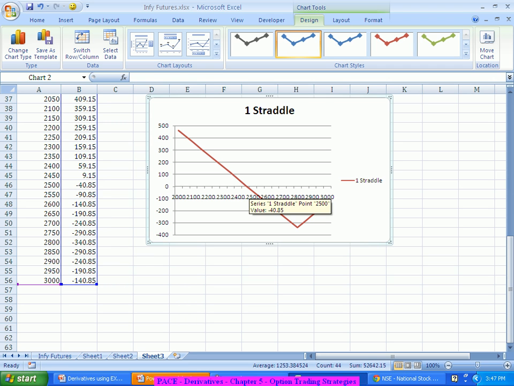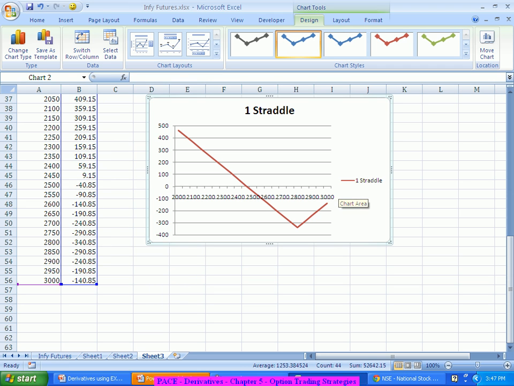So what are we talking about with this perfect V? When the stock price is between 2500 and 3000 something, I will have a loss.